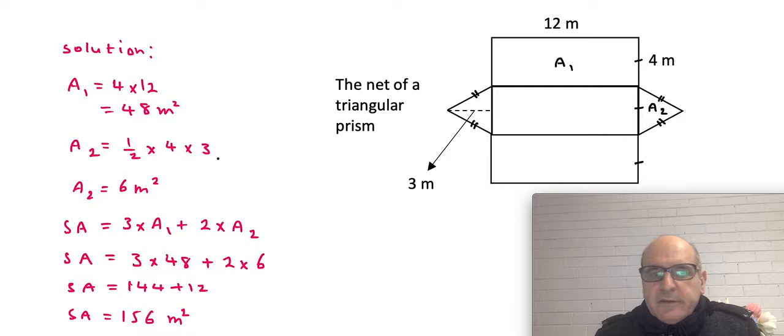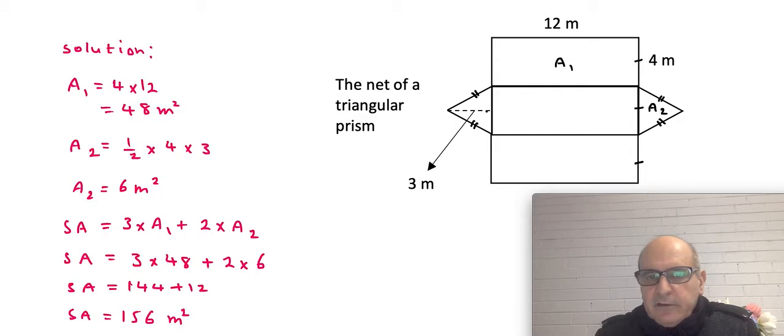Area 2 is this, area 1 is this, and I've got 3 of them. So this is also equal to area 1, and this is also equal to area 1. Then area 2 is the area of this triangle. To find the area of a triangle, we times half times base times height.